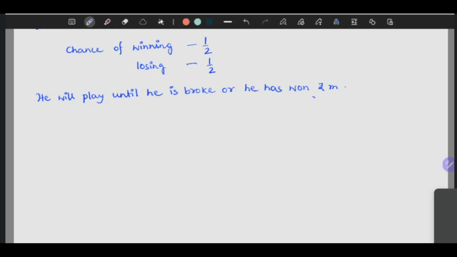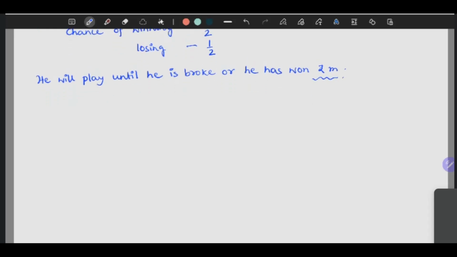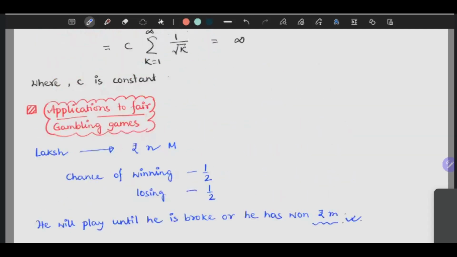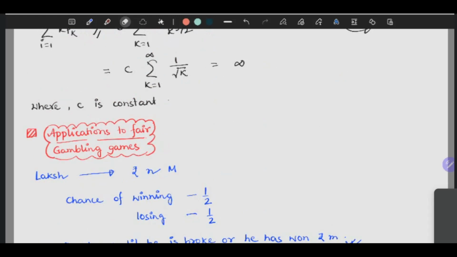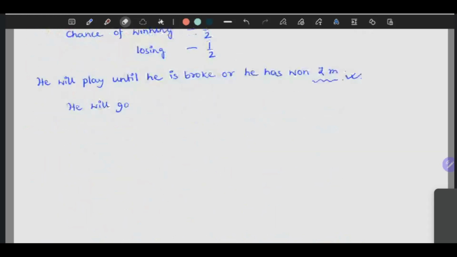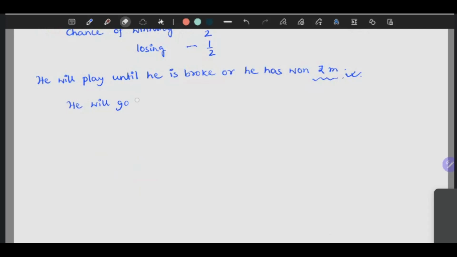If in this latter case he wins some amount, let's say this is not million, let's say some n amount of money, rupees, he will go home with W equal to n plus m rupees.